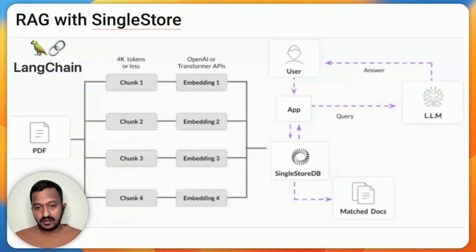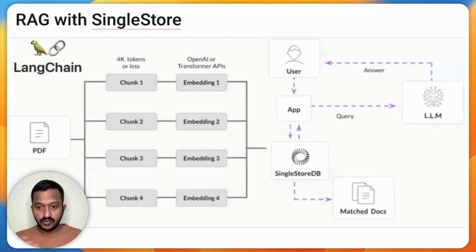So this is a simple demo that I'm going to show today, right? RAG, Retrieval Augmented Generation with SingleStore. I have a PDF file that gets split. We're going to chunk that and then create vector embeddings. And then all these vector embeddings are stored in a database, a vector database like SingleStore database.